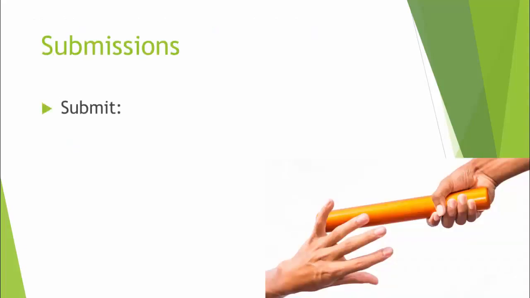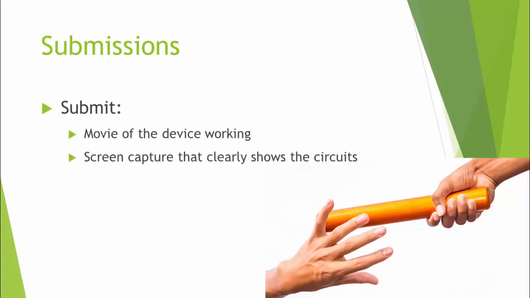Your submissions will include three components: a movie of your device working, a screen capture that clearly shows the circuit so that it can be evaluated, and your commented code.